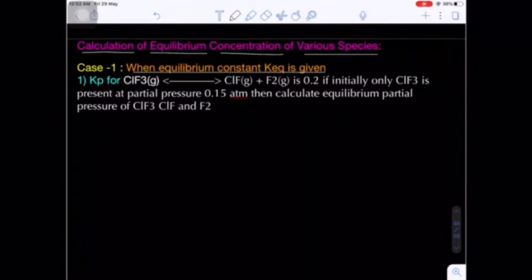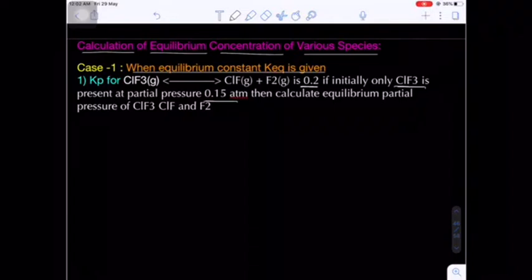Let's suppose we have one question: Kp for ClF3 gas in equilibrium with ClF plus F2 gas. The K equilibrium, that is the Kp, is given as 0.2. Initially only ClF3 is present with a partial pressure of 0.15 atm. Then find the equilibrium partial pressures of all the species.